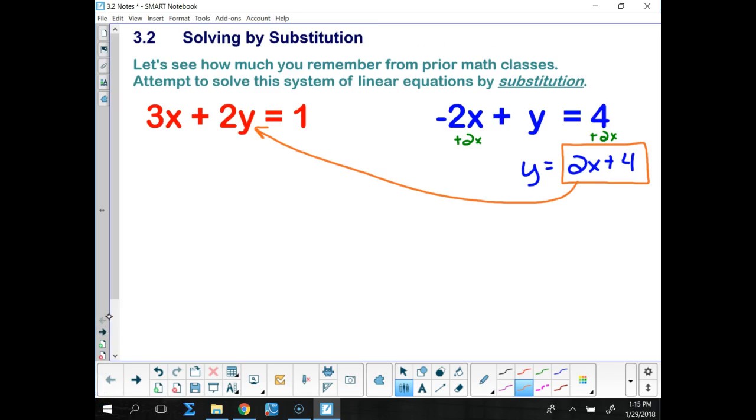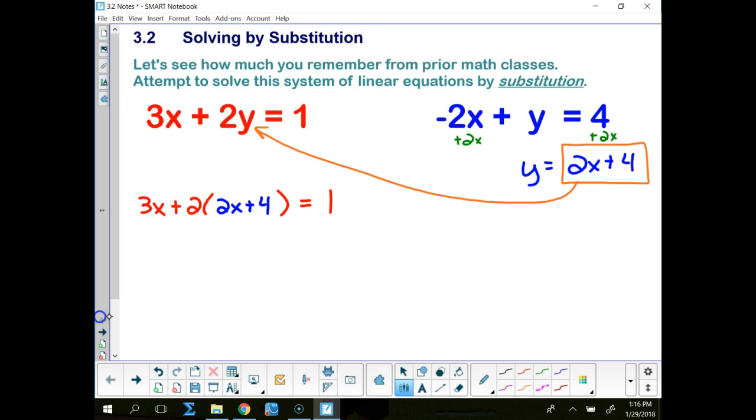So that's then going to be 3x plus 2 times 2x plus 4, and that's got to equal 1.